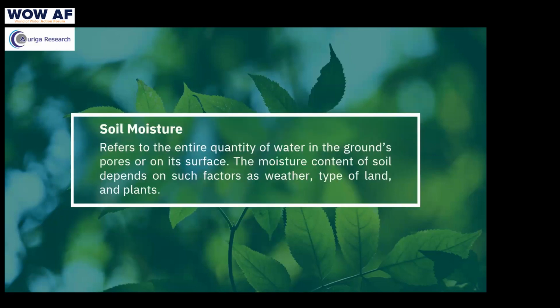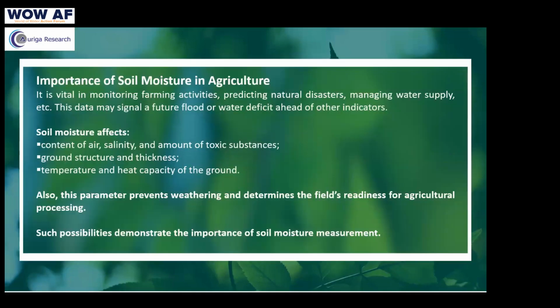To begin with, soil moisture refers to the quantity of water in the ground pores within the subsurface, and the moisture content of the soil depends on several factors: of course the topography, the weather, the climate, and also the species of plant growing there. Soil moisture is what is available to the plant, and therefore it is very important.